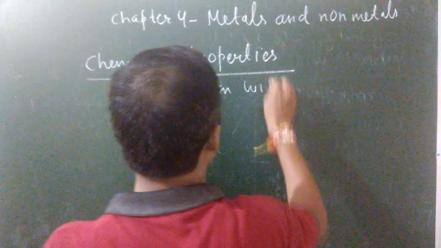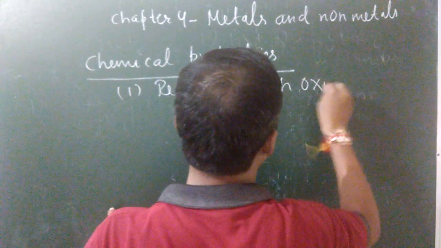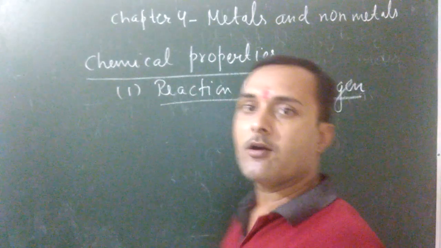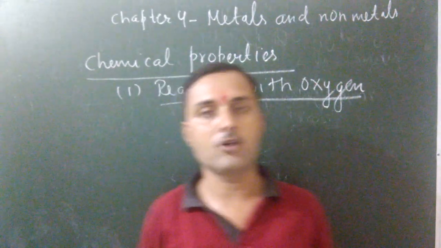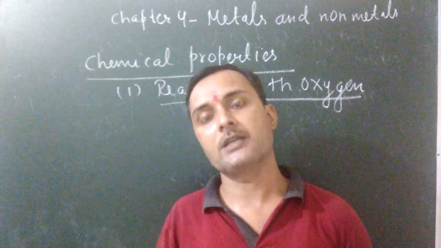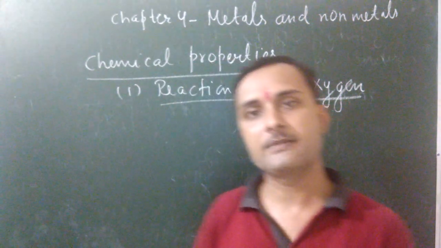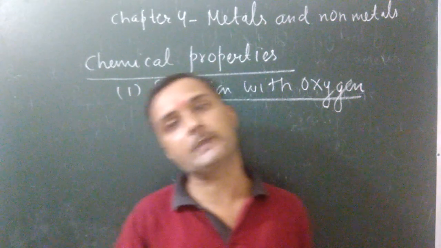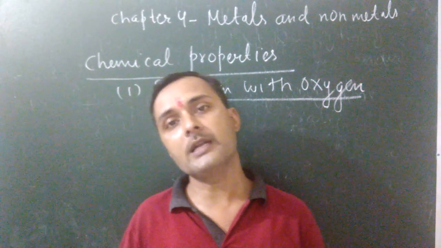Reaction with oxygen. First of all, listen. All the metals react with oxygen to form metal oxide, and when this metal oxide reacts with water, it forms a base. Once again, what happens when a metal reacts with oxygen?